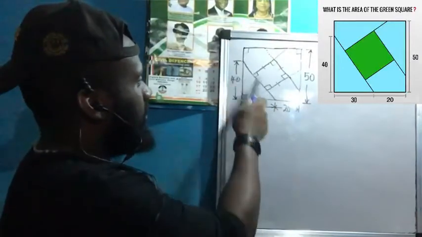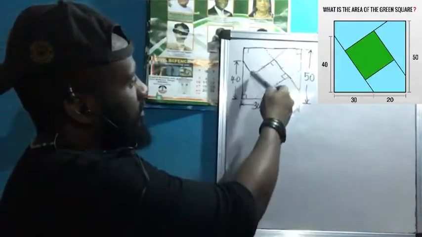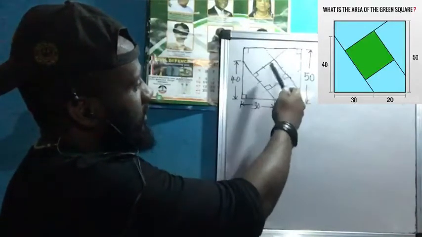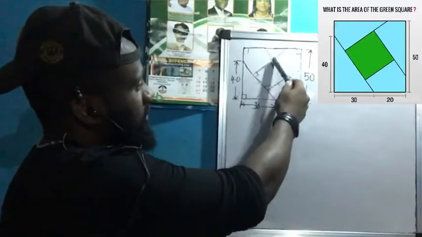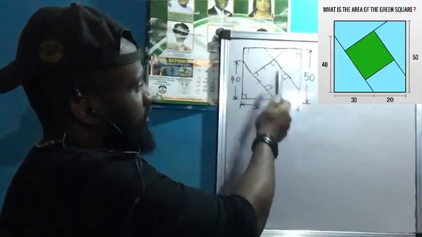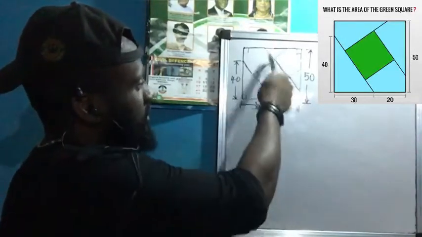So these two are parallel to themselves, and these two are parallel to themselves, since they are part of the parallel sides of the small square. Since this one is part of this side of the square and this one is part of this side of the square, and these sides are parallel, then these two hypotenuses are parallel. Same thing on this side. So we have parallel sides.